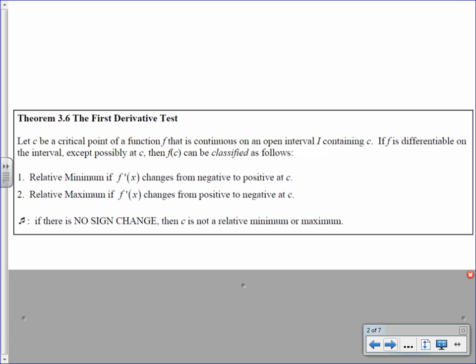An asymptote wouldn't be in the domain. If there's an asymptote in the original function, that value is not in your original domain, because it makes your fraction undefined. That's why there's an asymptote.